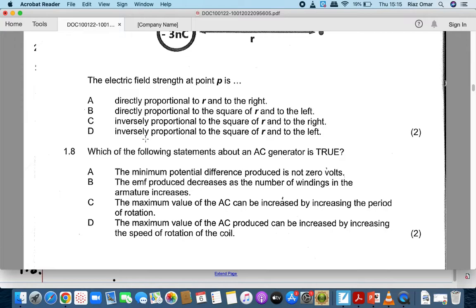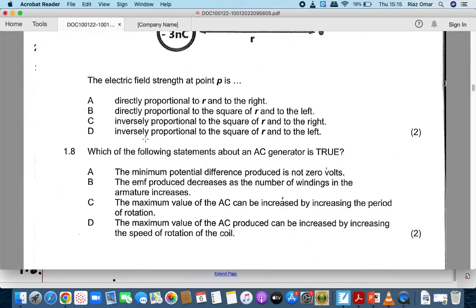B: The EMF produced decreases as the number of windings in the armature increases. The EMF produced is constant if you're looking at the equation. C: The maximum value of an AC can be increased by increasing the period of the rotation, not necessarily the period. D: The maximum value of an AC produced can be increased by increasing the speed of the rotation of the coil.